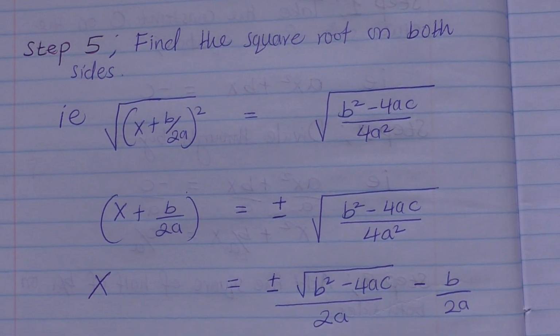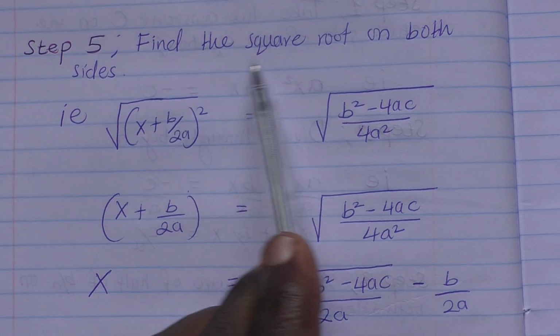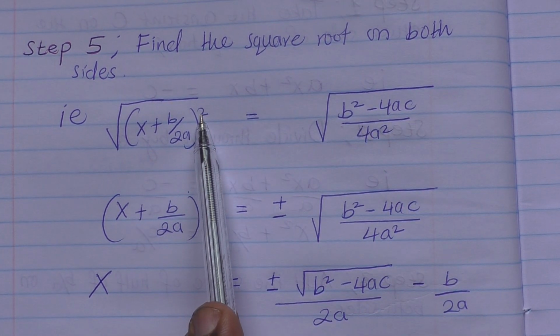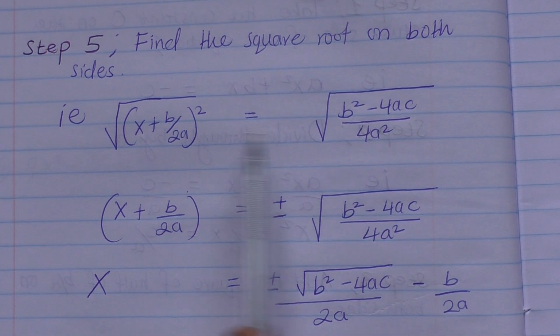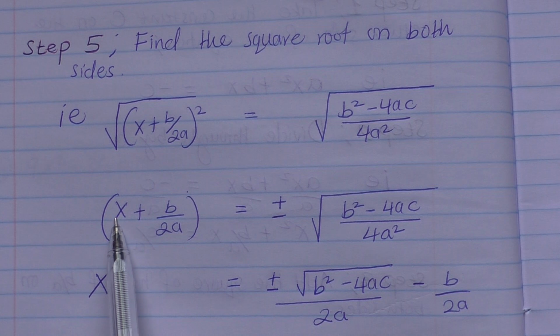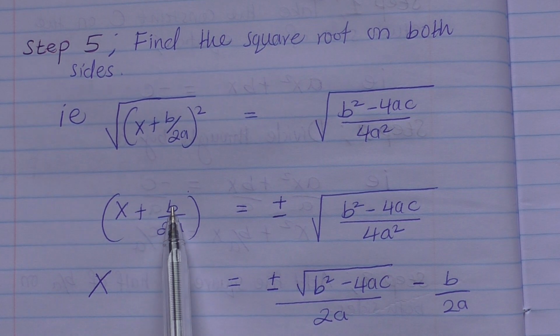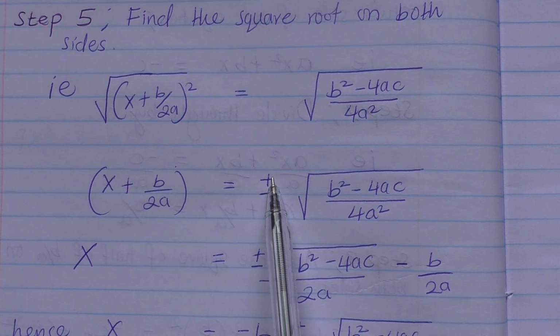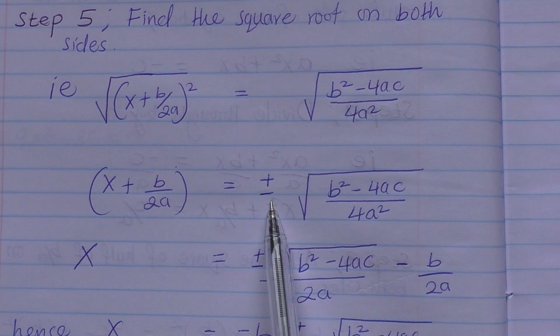In step 5, we are finding the square root on both sides, the square root of this and the square root of that. So this one cancels with the square, and we end up with x plus b over 2a. Then the square root of this is either plus or minus.